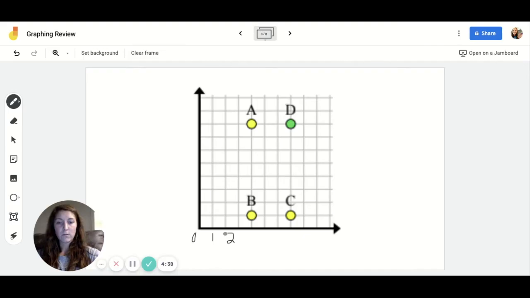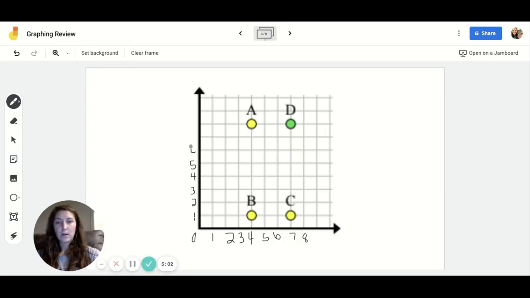So I'm going to go through here and try to quickly label these lines. And as I'm labeling, I want you guys to figure out what the ordered pair for point D is on that rectangle. Hopefully now you should know the x-axis coordinate, that first number that's there.